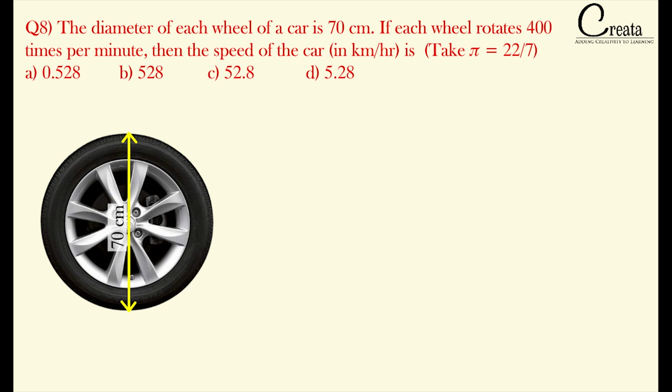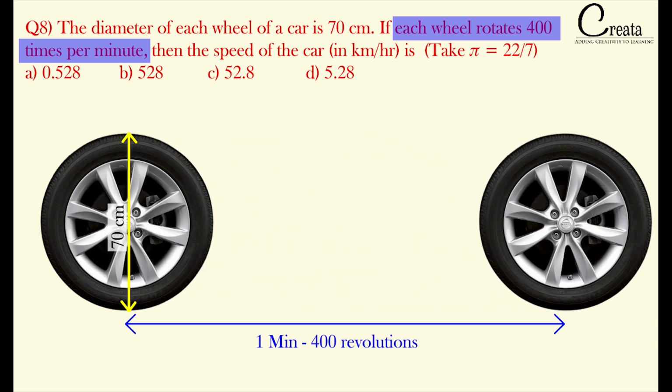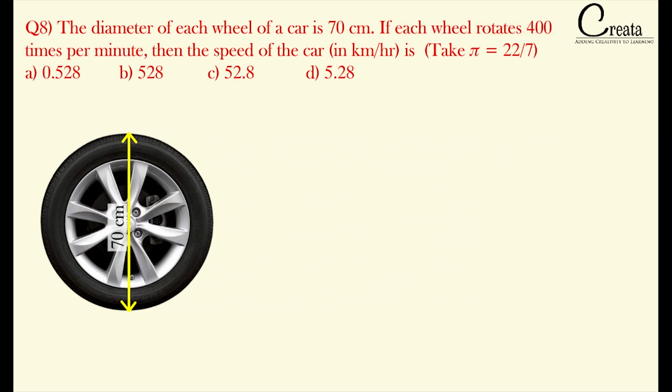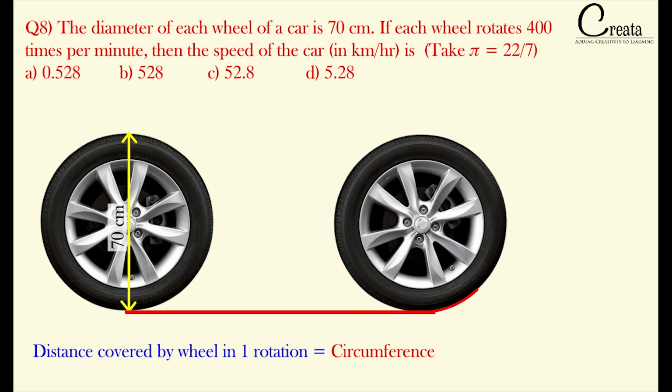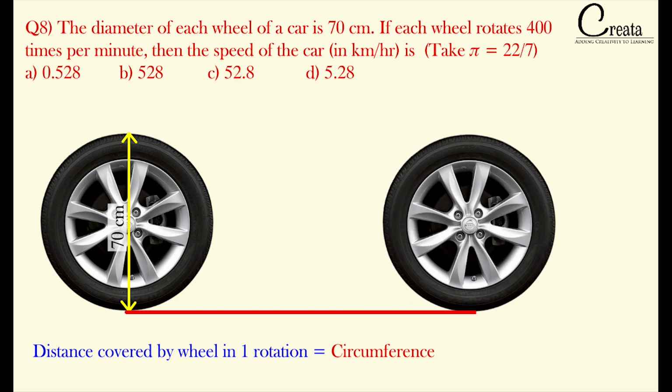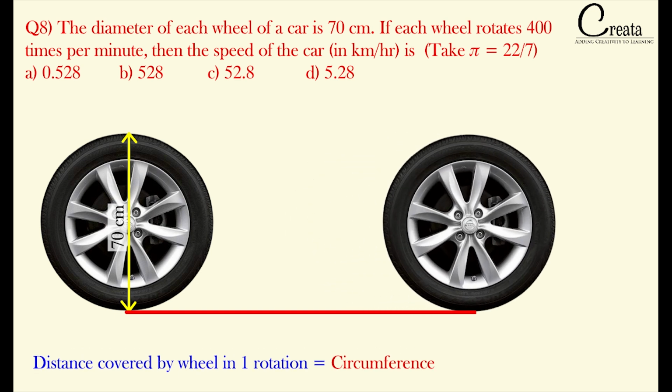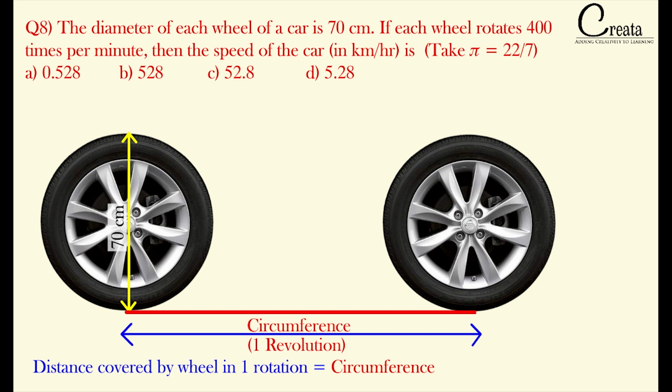Moving further, in the question it is also given each wheel rotates 400 times per minute. Means in 1 minute the wheel rotates 400 times. So first of all, we will calculate in one rotation how much distance the wheel covers. The one rotation of the wheel means the distance, that is the circumference. It means that in one rotation of the wheel, the car will cover the distance which is equal to the boundary of the wheel, which is known as the circumference of the wheel.